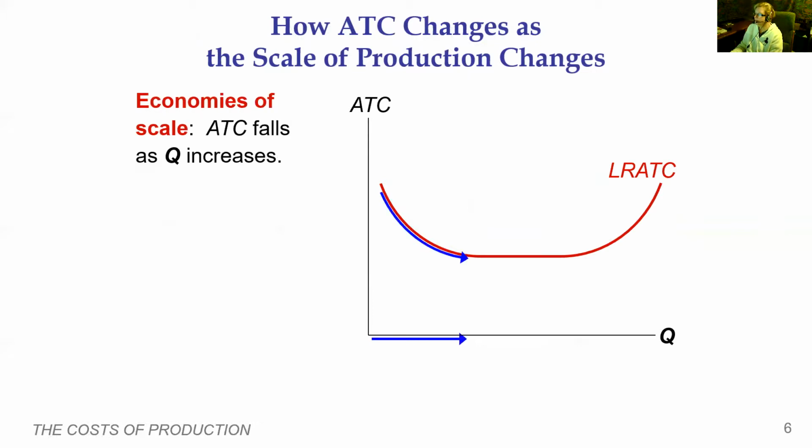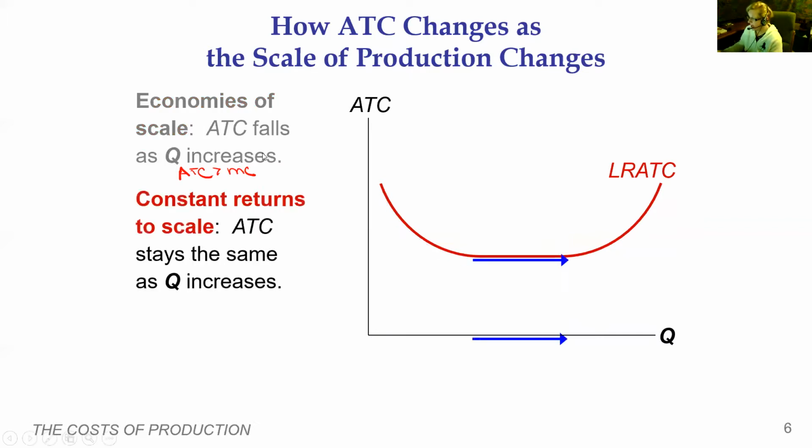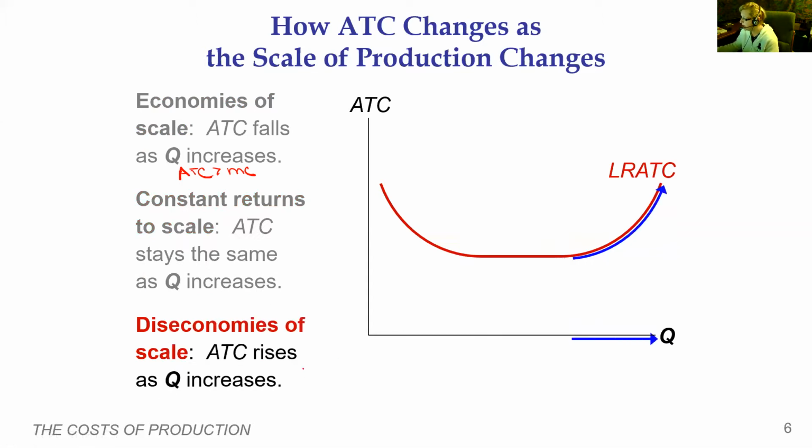Again, in that first portion of the long run average total cost curve, we have economies of scale. Why? Because our average total cost is greater than our marginal cost. We see in the middle where it's constant returns to scale. These would be where they were equal. And then the last one, diseconomies of scale. And this is where marginal cost is greater than average total cost.